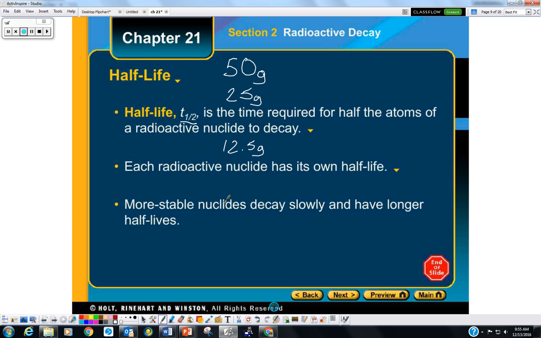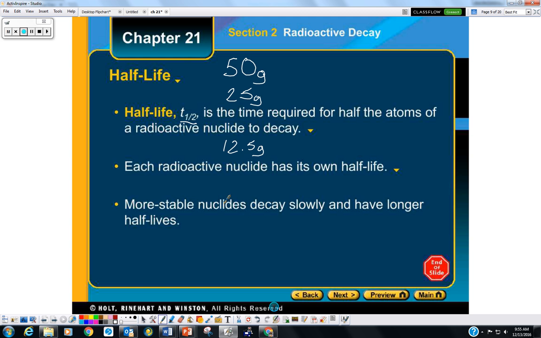Now, when we deal with half-life in relation to grams, it's easy because it just keeps halving like that. If we're dealing with half-life in terms of atoms, you can't have half of an atom, so you would round up or round down and go from there. All right. So half-life, again, is the time required for half of the atoms of a radioactive nuclide to decay.